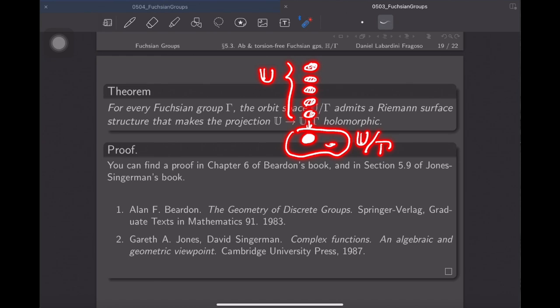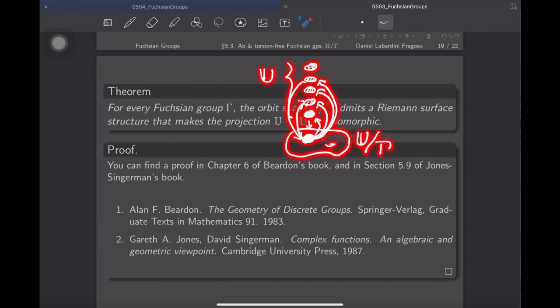I can go with this complex chart to this sheet, or to this one, or to this one, etc. The point is that all those complex charts are compatible, because the change of coordinates is precisely going down and then going up to another sheet, which coincides with applying some element of gamma.